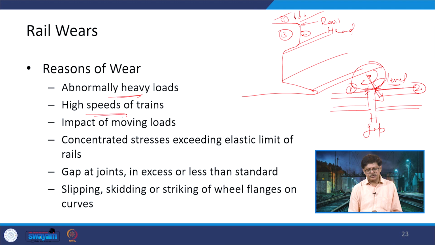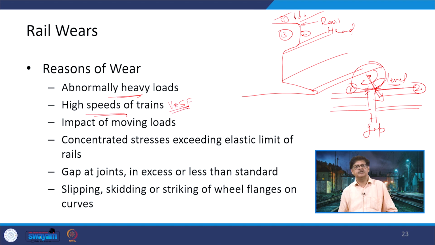High speeds of the trains. Now, when it is at high speed, the dynamic effect is going to be there. We have discussed this dynamic effect when we talked about the rail stresses or the stresses which are induced in the tracks. So, if we are looking at this high speed, there is a speed factor with which the speed is going to be multiplied.